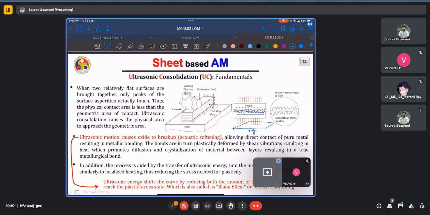However, actually only a very small fraction where these asperities are touching. If I denote them by these small dots, these are the only regions where the surfaces are actually touching, which is at the asperities. So the real area of contact is far, far less than the geometric area.